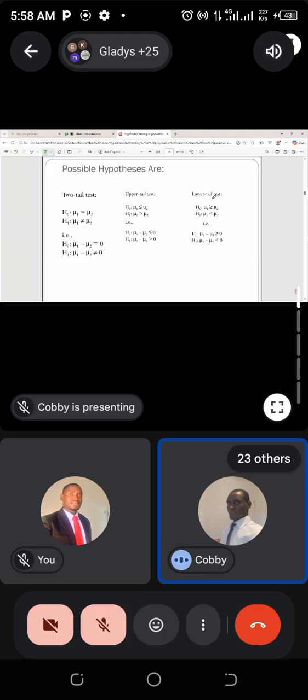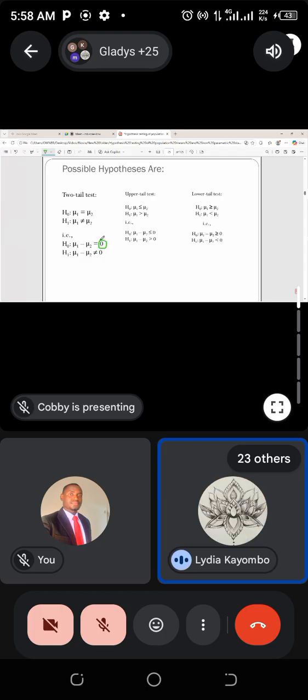So here you say population mean 1 is greater than or equal to population mean 2, while the alternative hypothesis is going to say population mean 1 is less than population mean 2. Okay? Then after you have stated these hypotheses, this is just the summary. So if we say the population means are equal, that means if you subtract these two population means, they'll give you what? They'll give you 0, right?